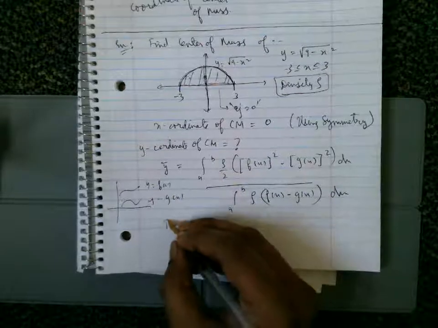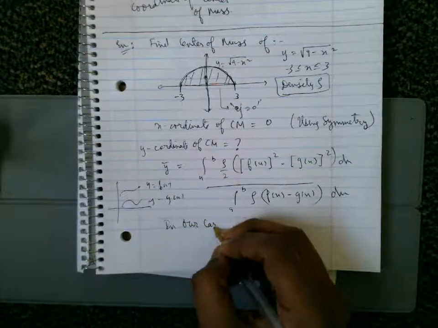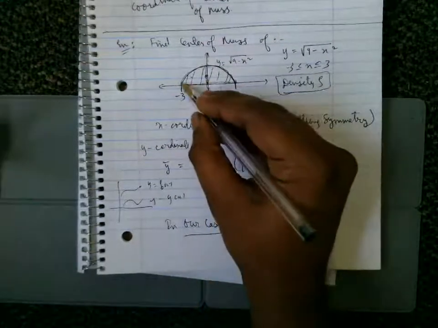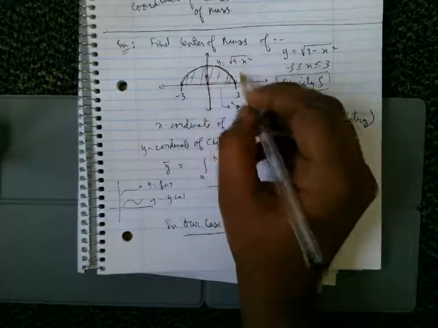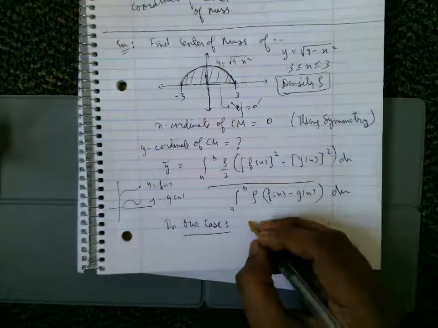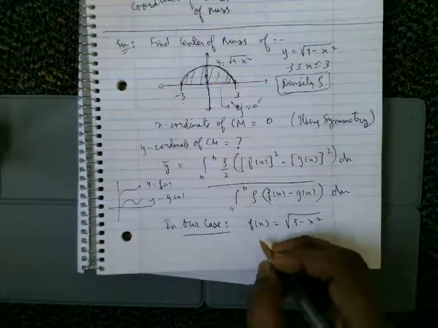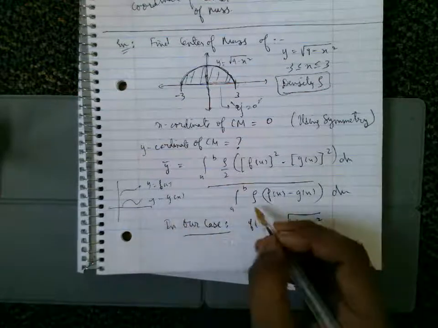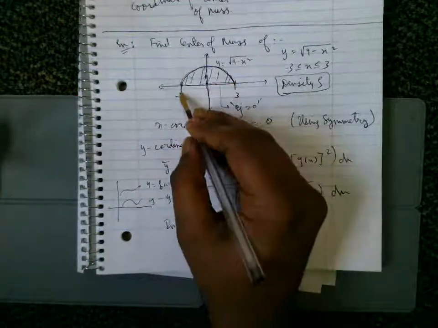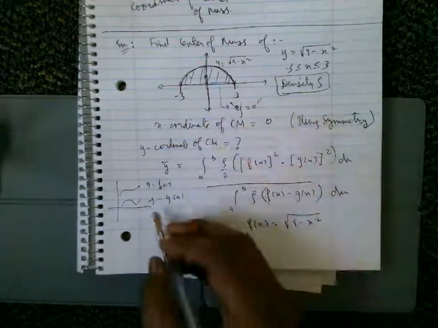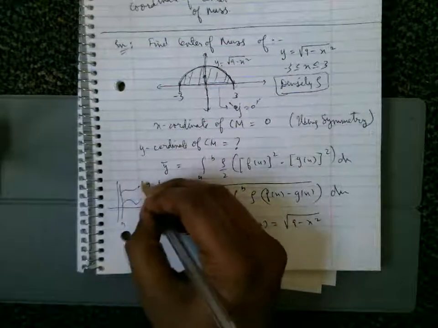So in our case, f of x will be the equation for this, which is given to be root 9 minus x square. So f of x is square root 9 minus x square. And a is minus 3 and b is 3. That is because this was a and this was b.